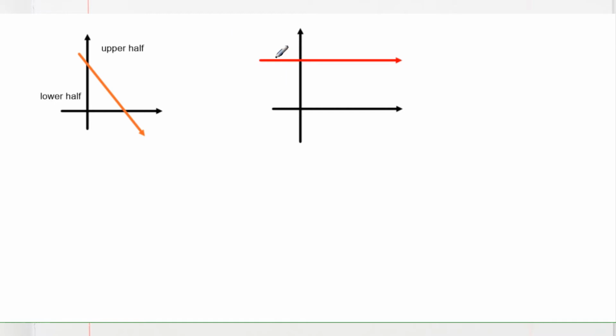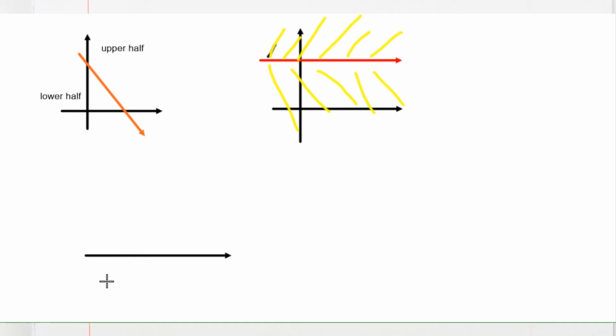This part we can say upper half, and this part lower half, below the required line, isn't it? Any other case also we can consider here.